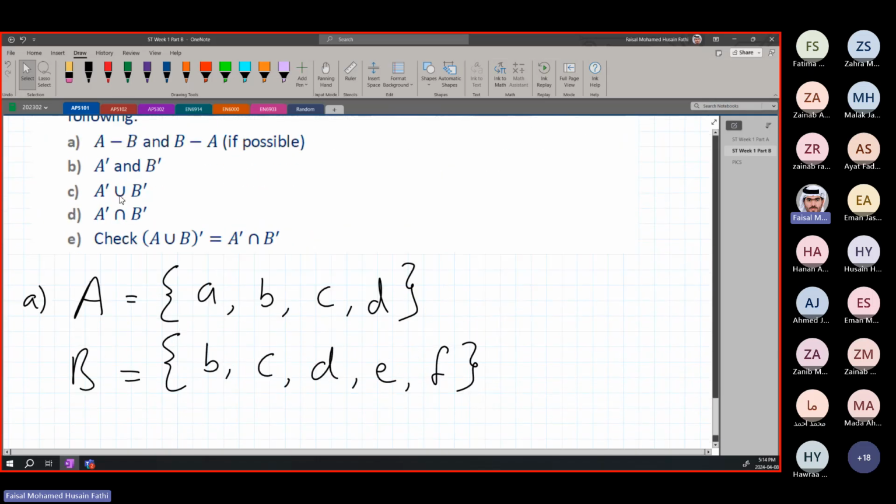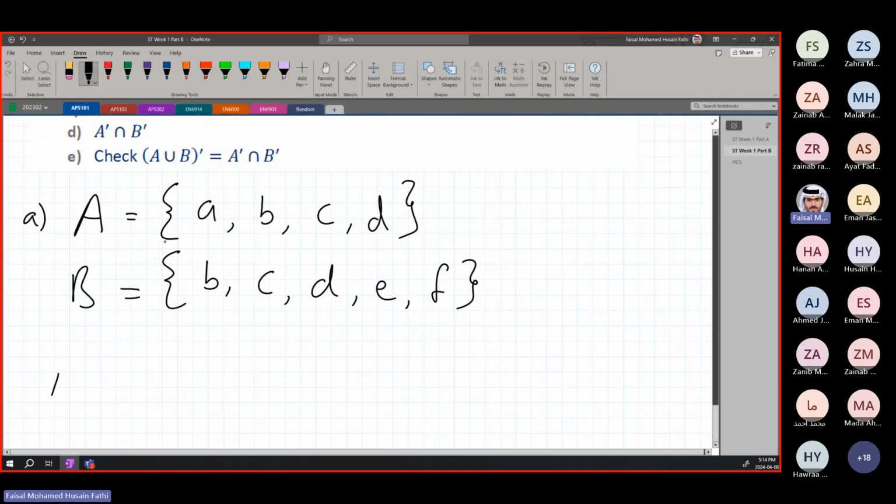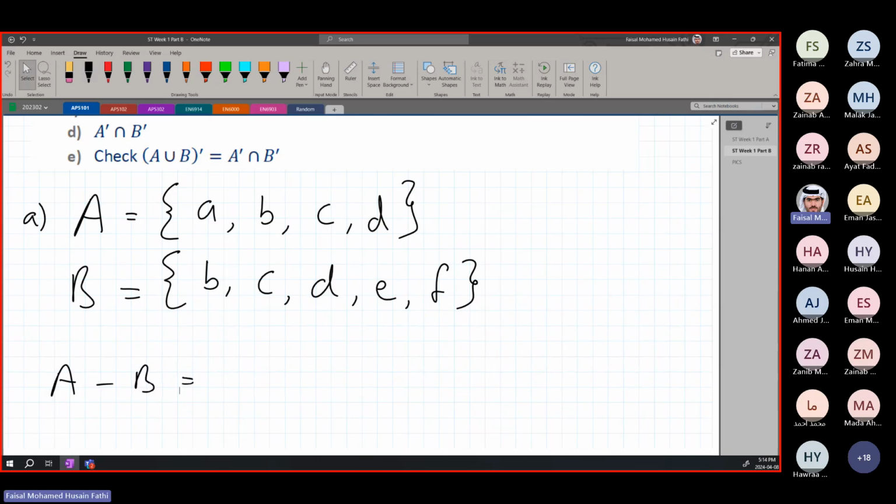So we're going to do A minus B. What does that mean exactly? We are going to look at the common values of A and B. So we have B, we have C, we have D. These are the common values.